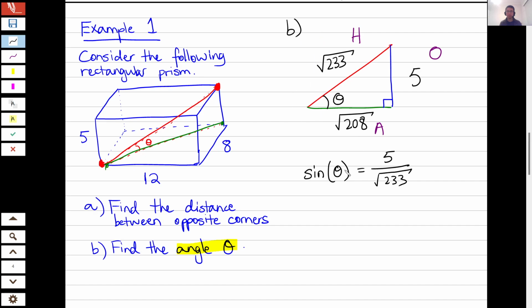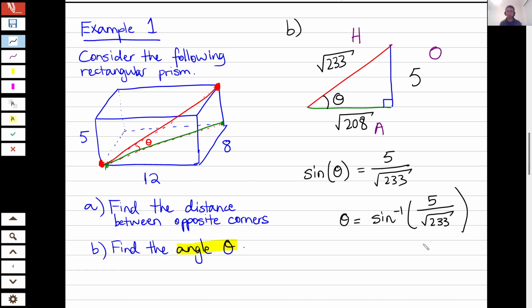And you'll remember from our work last Friday, we said that if I know sine theta equals some number, then theta equals the inverse sine of that number. And this is what you would actually put into the calculator.